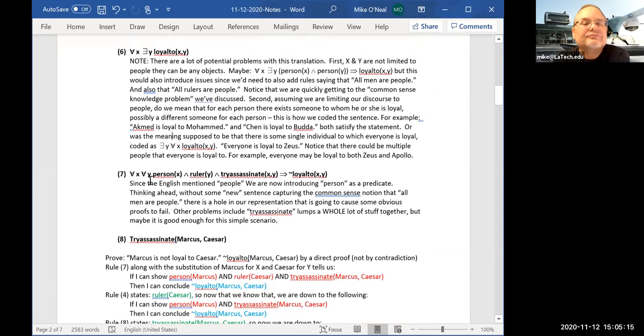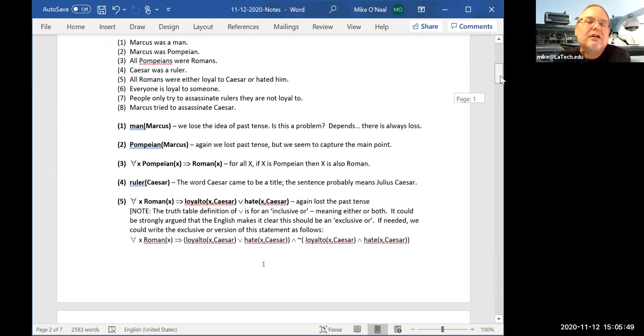So, for all X, for all Y: X is a person and Y is a ruler, and X tries to assassinate Y. If these three things hold, if X is any person, if Y is any ruler, and if that person tried to assassinate that ruler, then that implies that that person was not loyal to that ruler. That's pretty close to what we're saying here, I think.